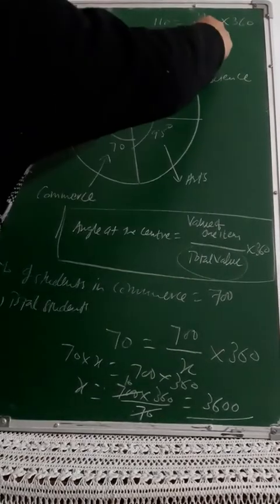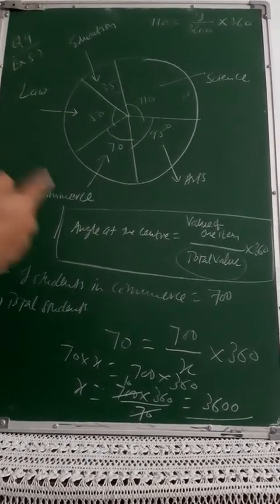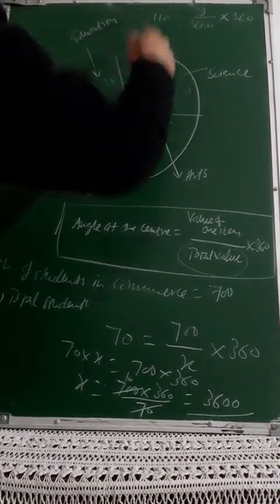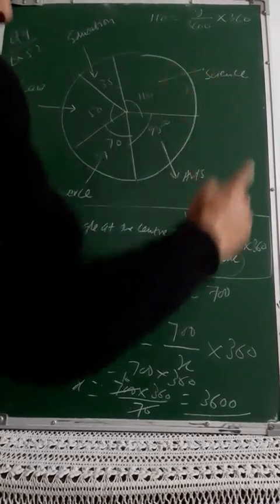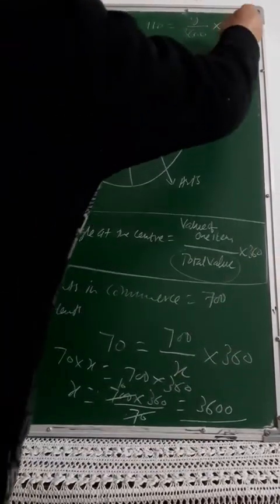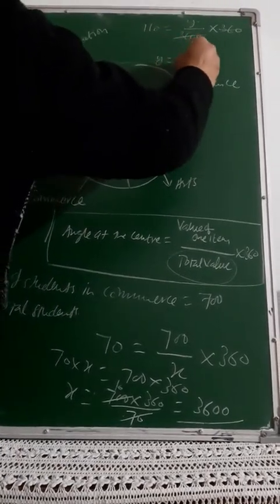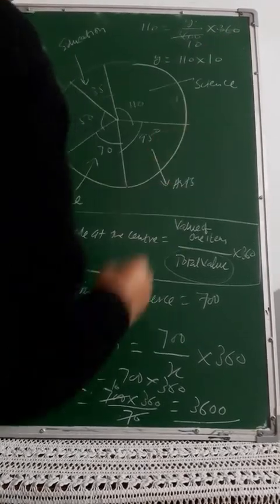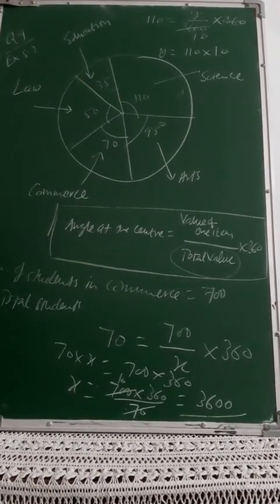The angle at the center in case of science is 110. The number of students I have assumed is y, out of the total I have calculated, 3600 into 360. So 3600 upon 360 makes it 10. If you cross multiply, y is equal to 110 into 10. So you will find 1100 students in science.